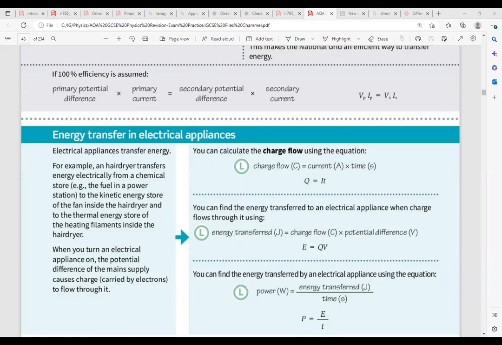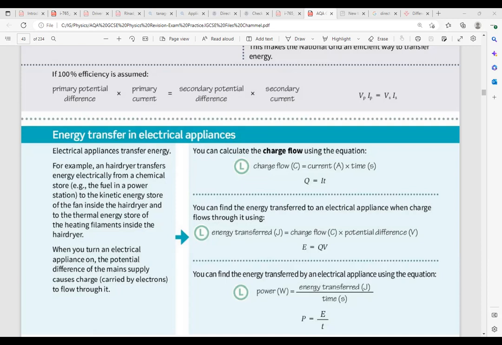What is IV? Power, right? So power equals energy per unit time. Very simple. I'm trying to explain the relationship between power and energy in a very simple way. You have E equals QV.